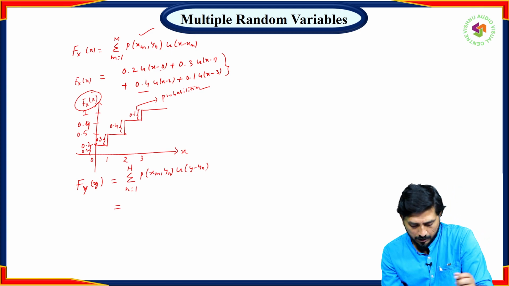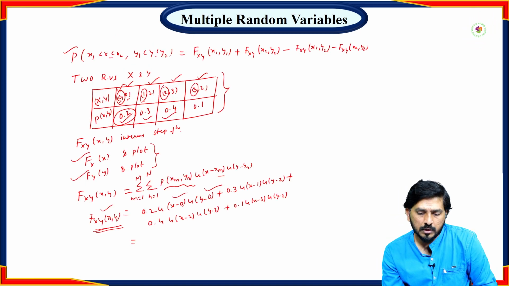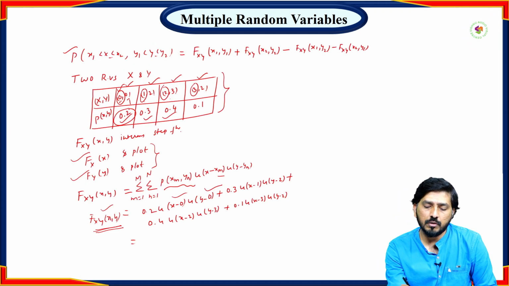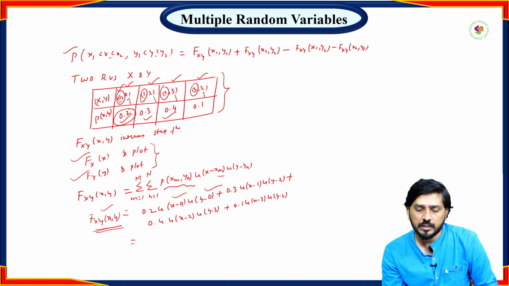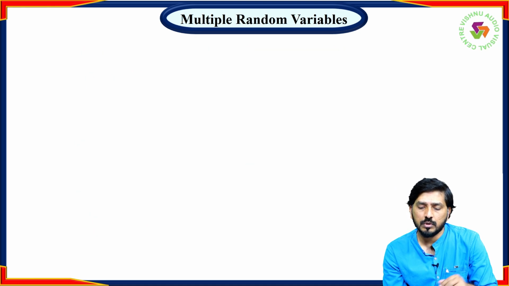So here, if you see, the values of y are 0, 2, 3, 2, and there will not be any change in the probabilities. These are the values: 0, 2, 3, 2.